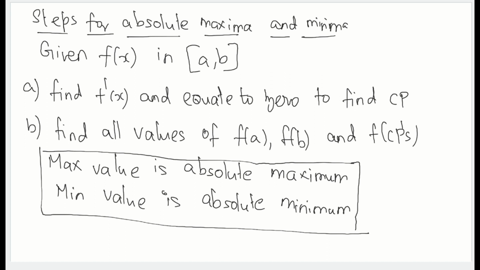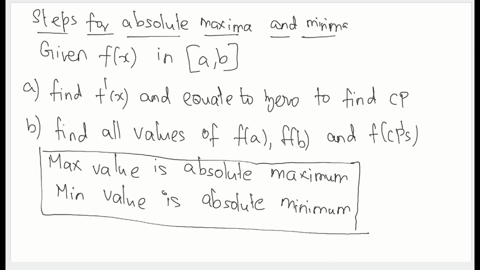So now there will be a given function f of x in a closed interval [a, b]. The first step is very similar to local maxima: you differentiate and equate it to 0 to find the critical points. And you will have to find all the values of f of a, f of b and f of CPs.